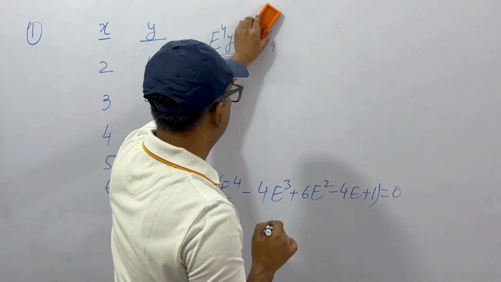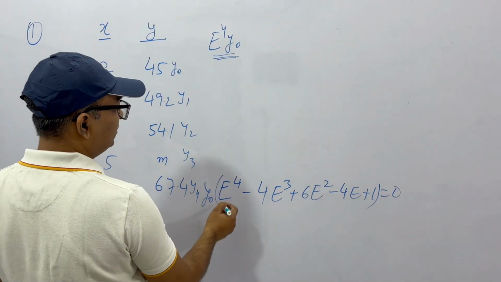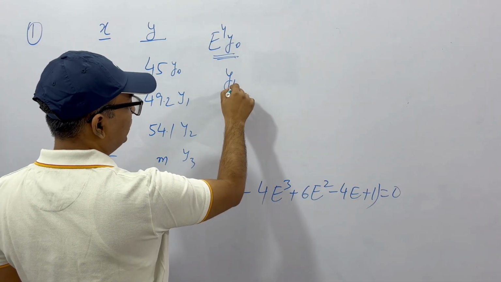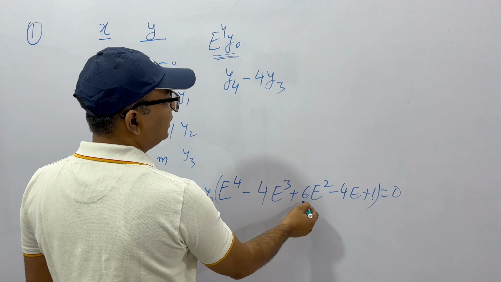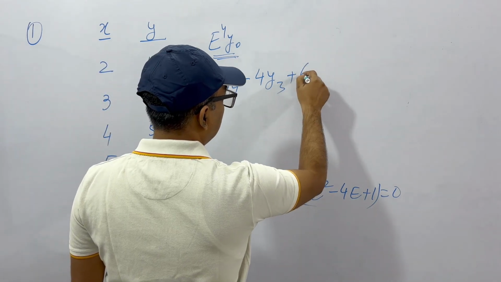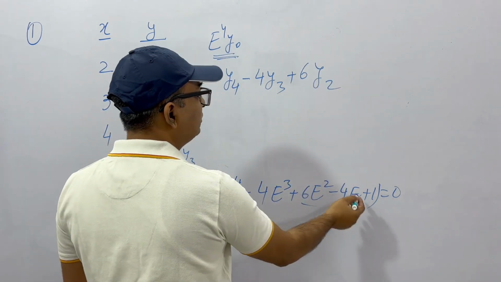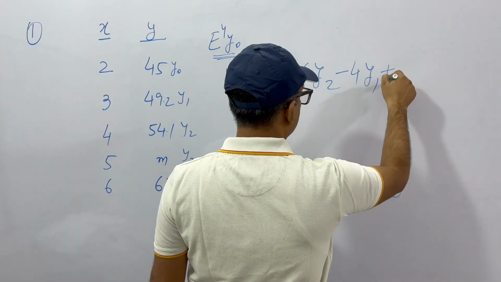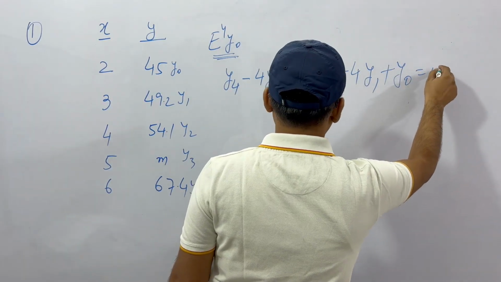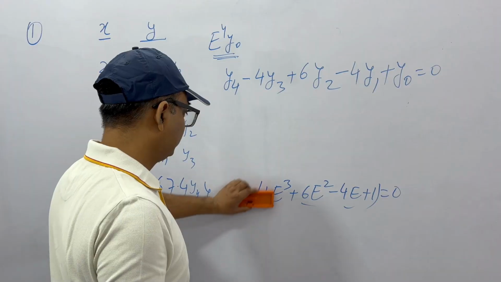So this term comes to y4 minus 4y3 plus 6y2 minus 4y1 plus y0 equal to 0. So this is our equation.